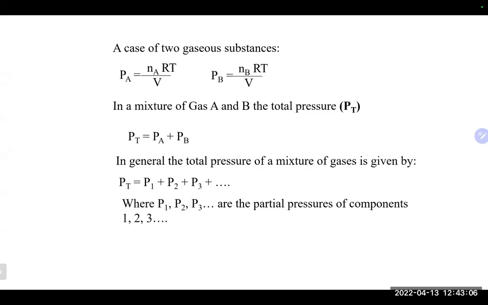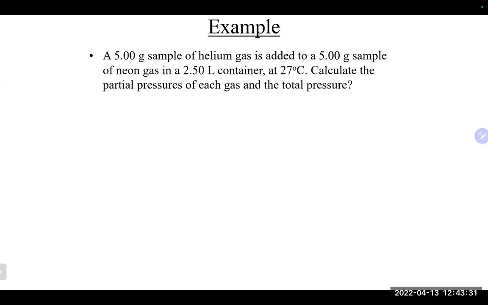It is almost like you could imagine each of those gases being in the container by themselves. That's really one of the things that makes something an ideal gas: there is no interaction between other gases. There's no repulsive forces. There's no attractive forces. So that's why we could actually do these type of problems, where everybody is in the same container, and we can basically just do it separately.